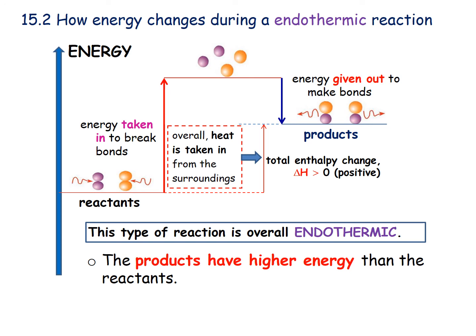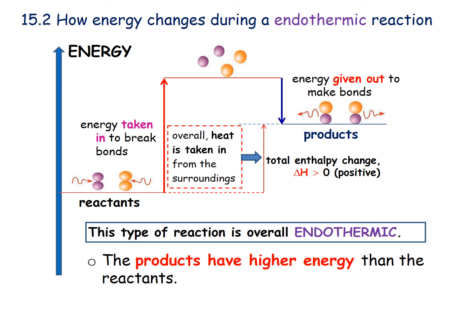So an endothermic reaction can be compared to someone who is very thrifty. He is a saver. He saves more than he spends. So at the end of everything, his savings will be higher than at the start.